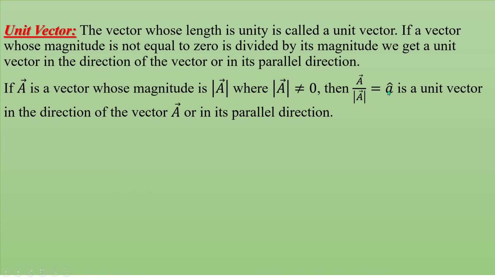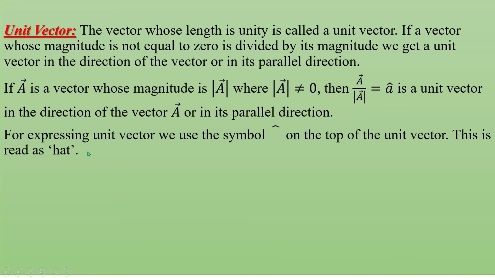That means a unit vector whose direction is the direction of the given vector a, or in its parallel direction. For expressing a unit vector we use the symbol hat. This is the hat on top of the unit vector, read as hat.